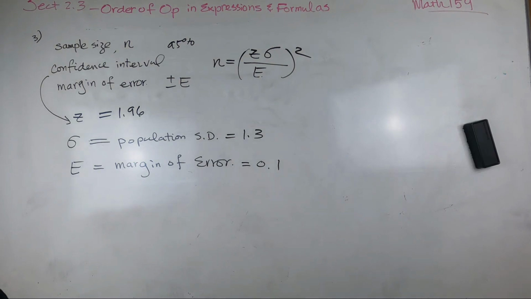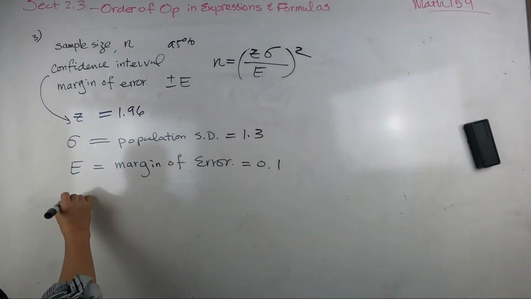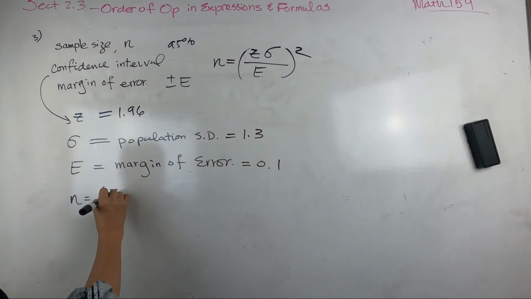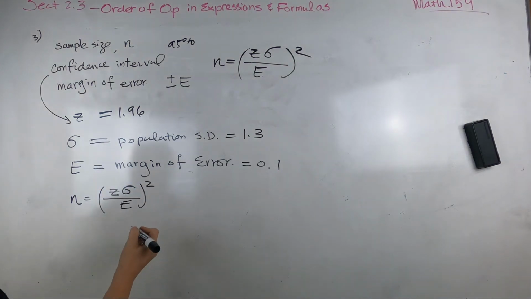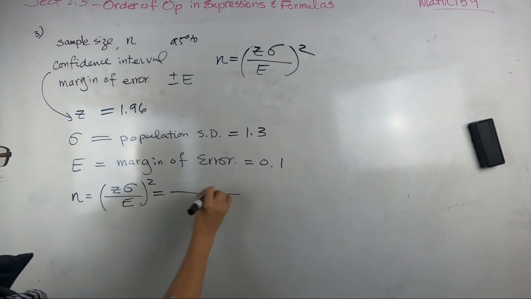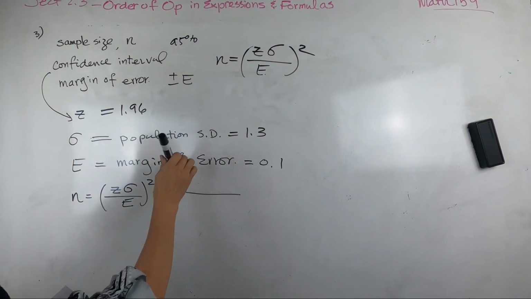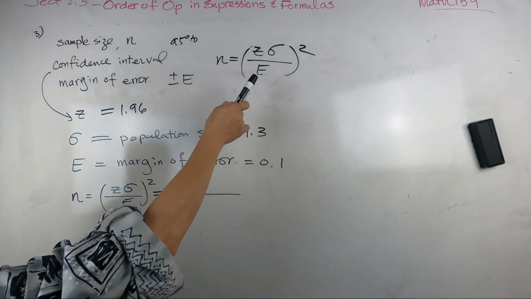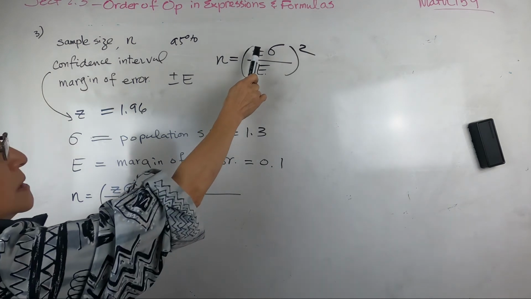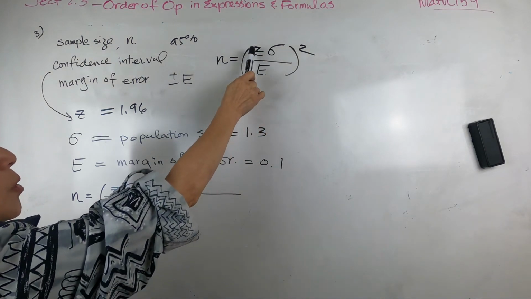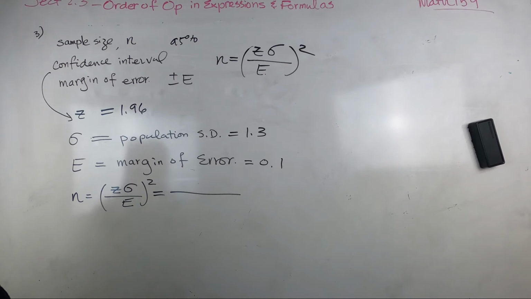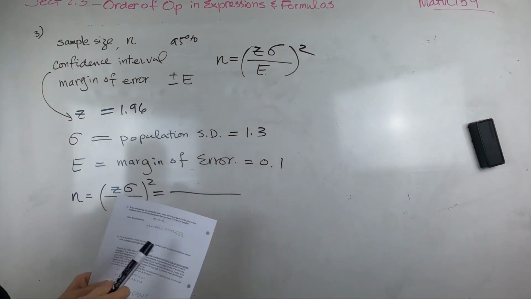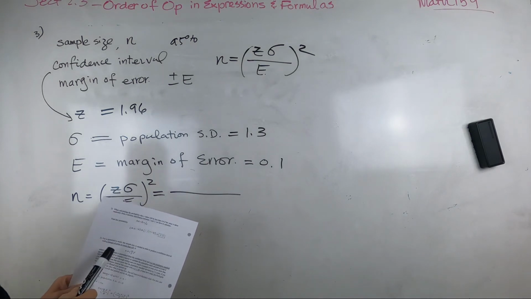Okay, so how do we do that? You use the formula n equals (Z sigma over E) squared. Then you plug in. So what is Z? You need to identify the formula we need to use, then identify each variable, what kind of numbers we need to plug in, by connecting what they are saying in the question.